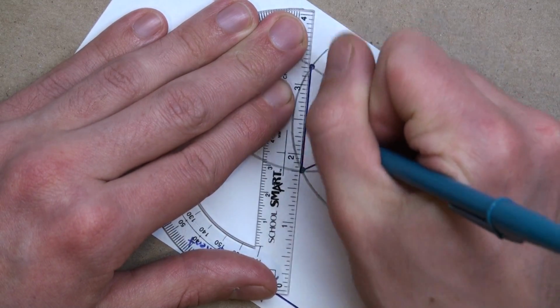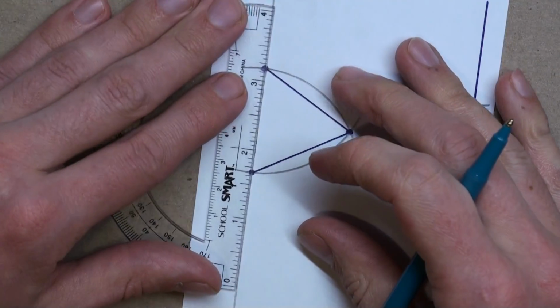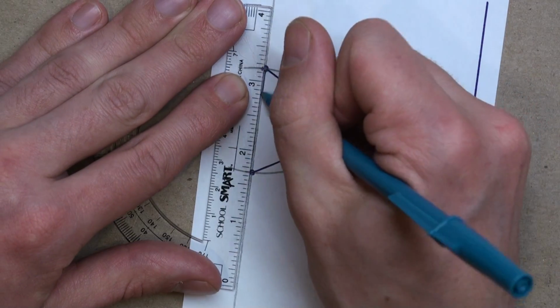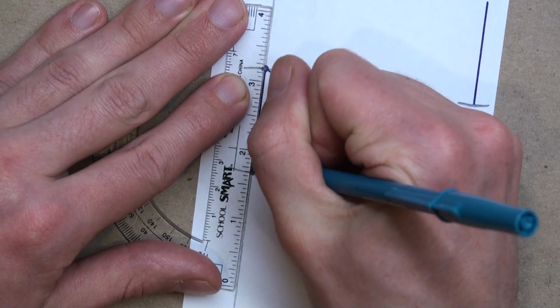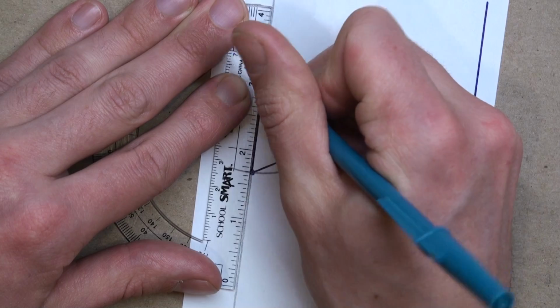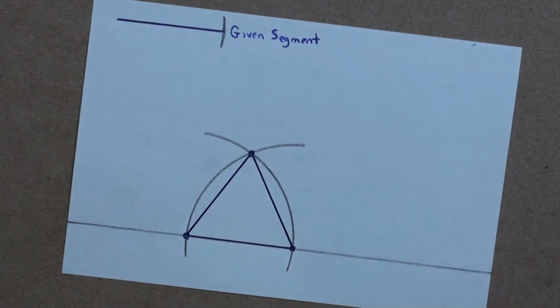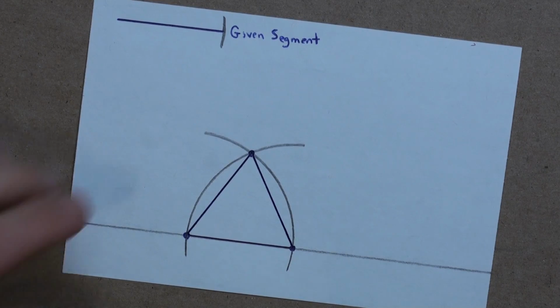So this is the first type of construction you could be asked to do for an equilateral triangle. They can give you the segment length. And notice how I'm going over the part of the bottom line, reference line, with the bottom of my triangle in pen. Okay? So this is when they give you the segment length.